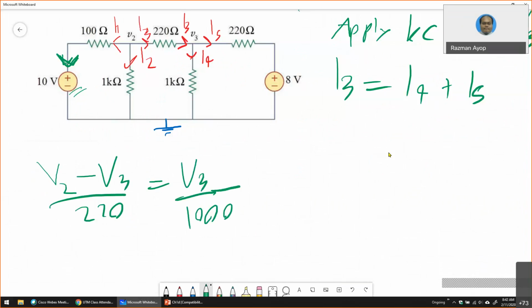Okay. So I4 is from here, from this V3 to ground. Okay, and then I5.